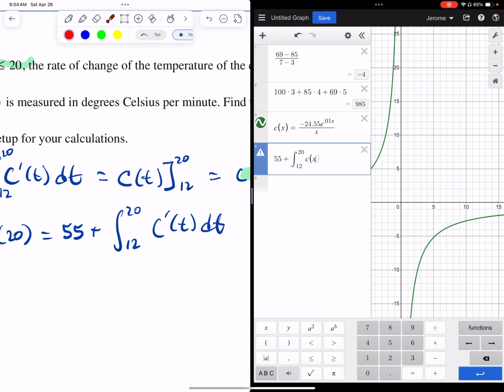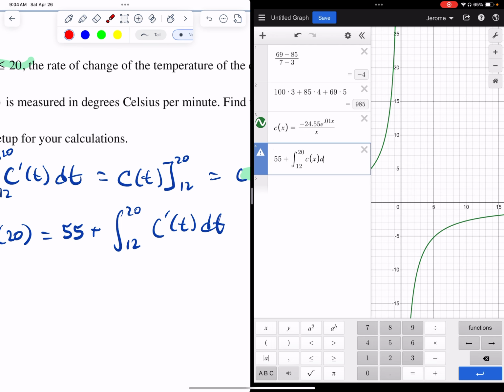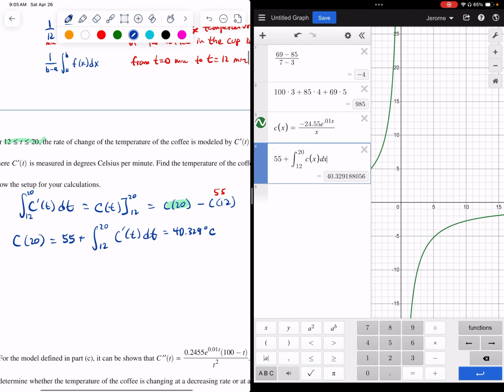So C of x, throw in a dx, or else it won't do anything. It's even warning you. So a dx, there we go. And so we're saying that this thing is equal to 40, and remember, all these decimal places, I don't need them, but I do need 3. So 329 degrees Celsius, I do believe.